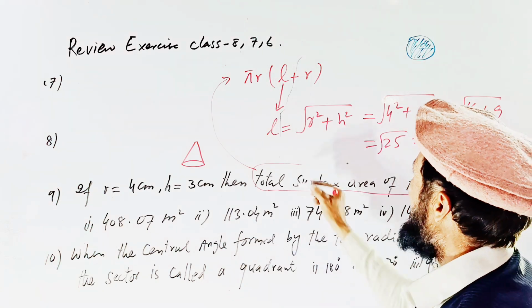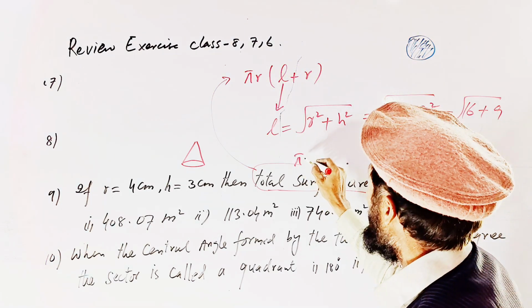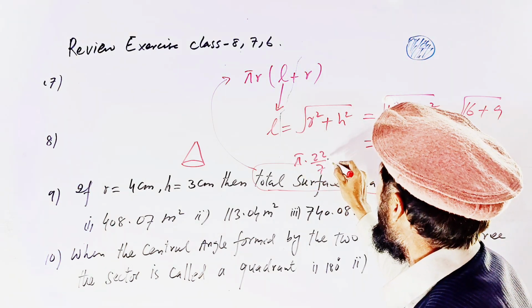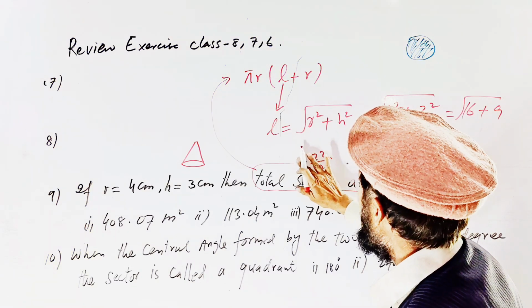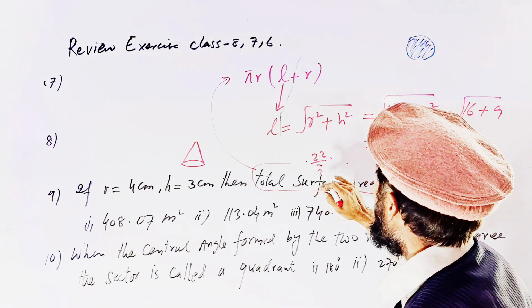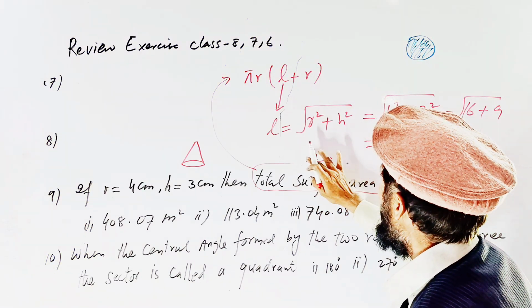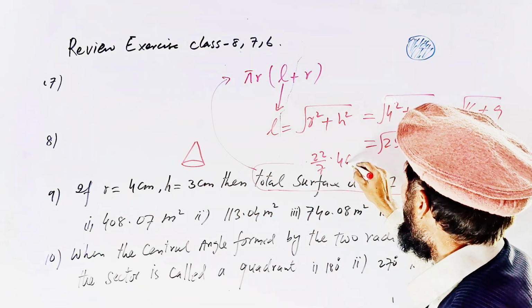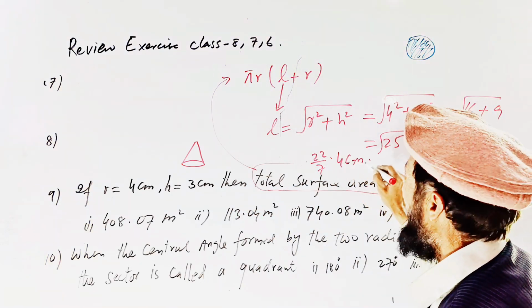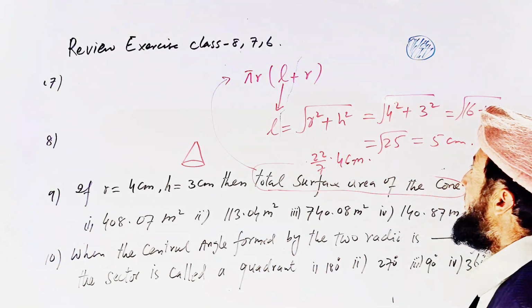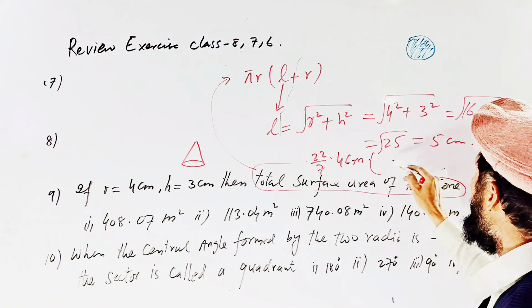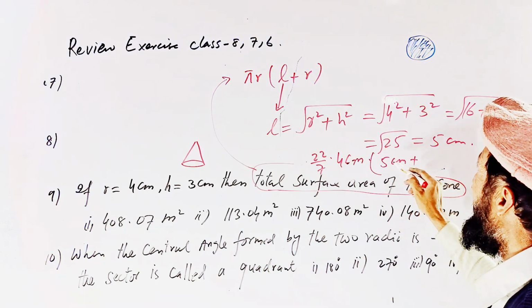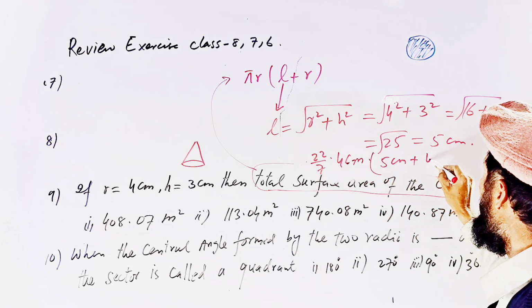Now we substitute in this formula, pi as 22/7, and r we put here as 4 centimeter, and l we get 5 centimeter plus r is 4 centimeter.